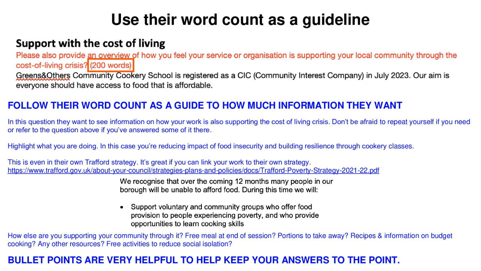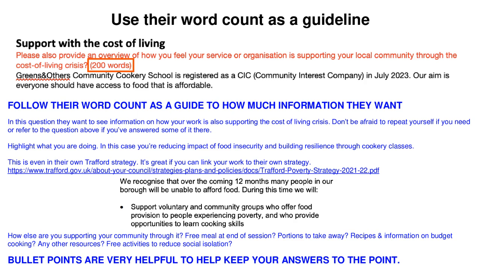Another thing to do is to check their strategy. I quickly found a strategy for Trafford, and it says that they want to support voluntary and community groups who offer food provision to people experiencing poverty and who provide opportunities to learn cooking skills. This is a really important piece of information to reflect back at this funder: your application is literally meeting one of their strategy points, which is what the council's supposed to be doing.